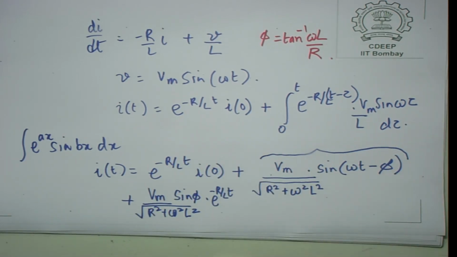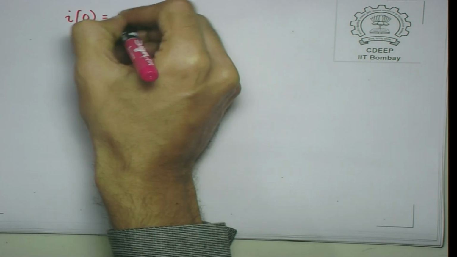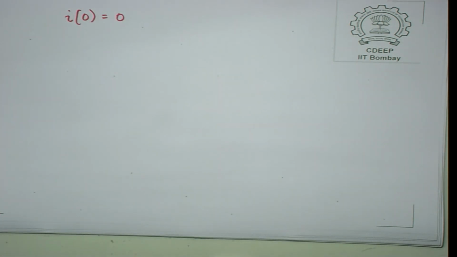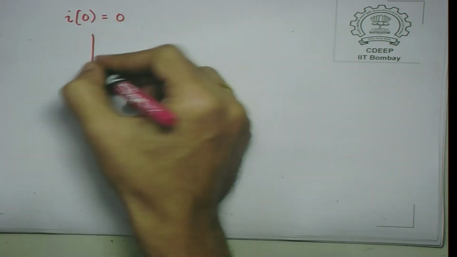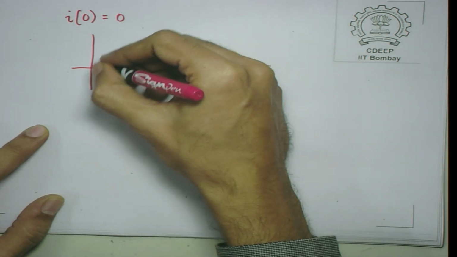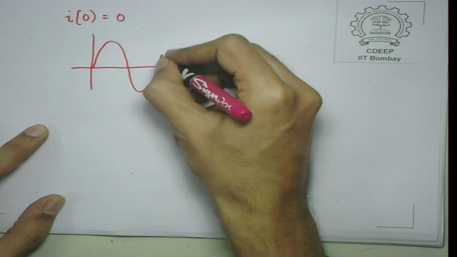So, this is something which you probably have done before, but just to refresh your memory, I have done this again. Now, of course, what does this mean? These look like complicated mathematical expressions, but if you assume I 0 is equal to 0, in that case, suppose I switch this Vm sin omega t at time t is equal to 0, this is voltage.